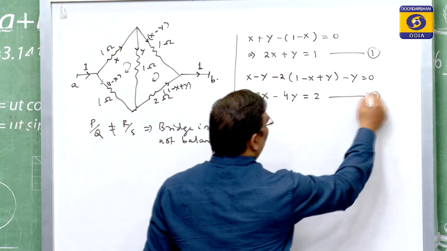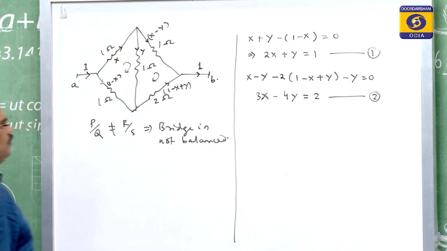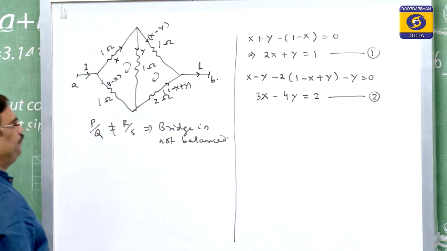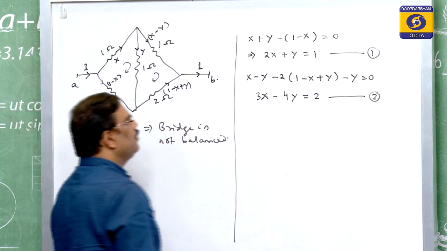This is my equation number 2. So, 3X minus 4Y equals 2. This is my equation number 2.